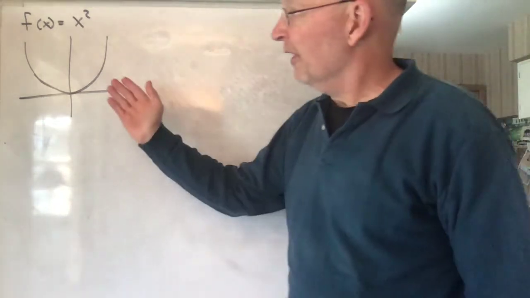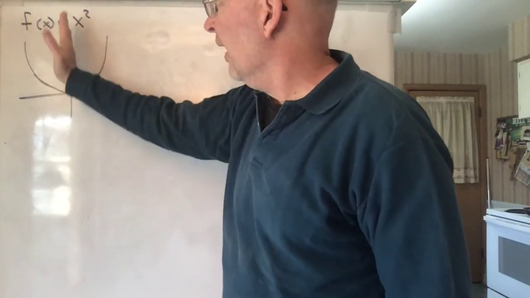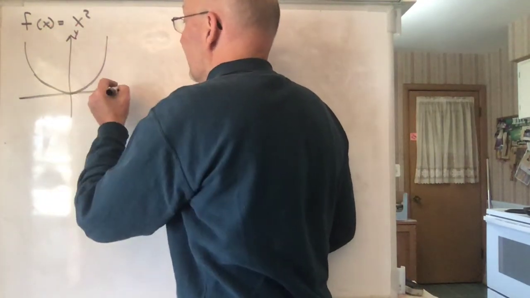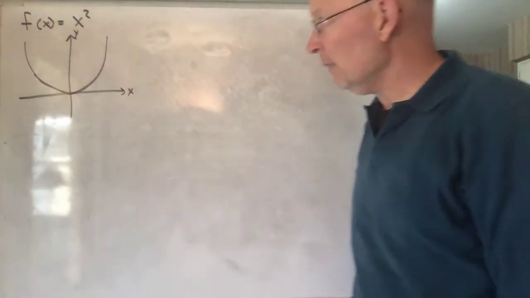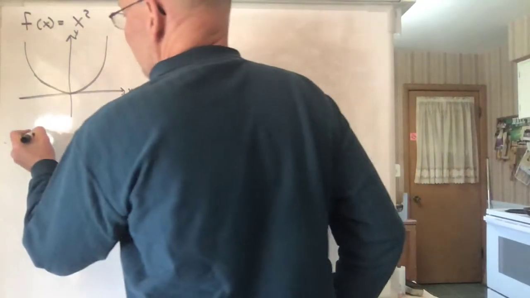And the important thing that I'm pointing out to you at this point is that you could fold this graph right over the y-axis and it would fold right on top of itself. So this part here would lie right on top of that part here. A function that has that property is called an even function.